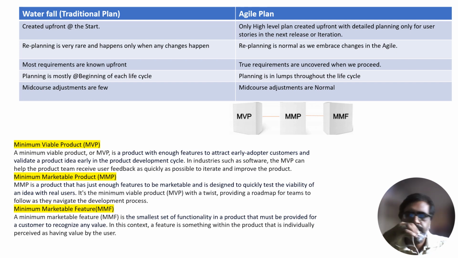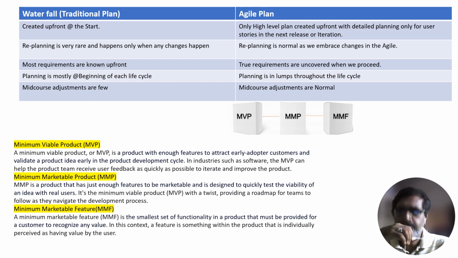Now comes the minimum viable product, MVP. So MVP includes those sets of features in the product that help get early customer feedback, right? Minimum viable product. So with minimum requirements, we can execute the projects in the first iteration.